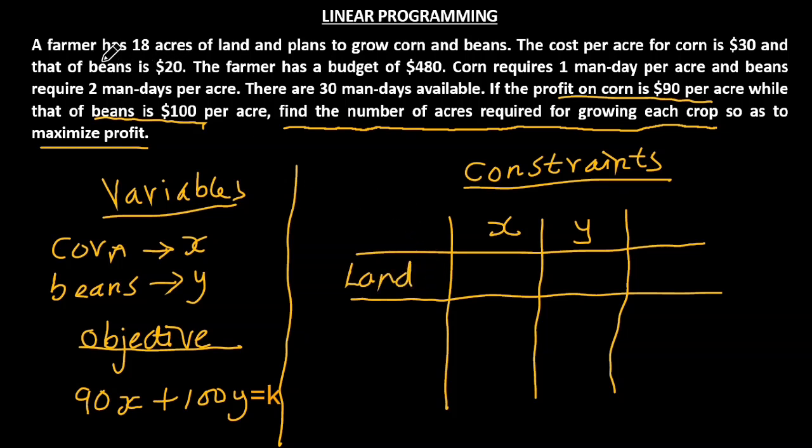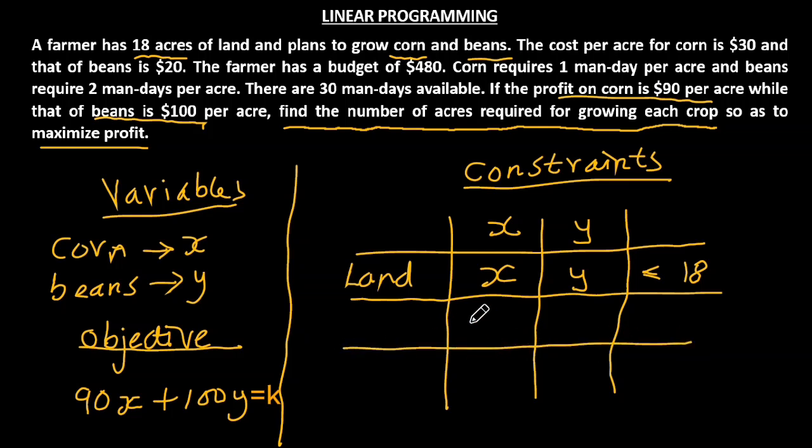From the question, I can see that I have 18 acres to use to plant corn and beans. So x and y together should fit in 18 acres. I cannot go beyond 18 acres. I can only use less than 18 acres or exactly 18 acres, and that is why this inequality, less than or equal to, comes in.